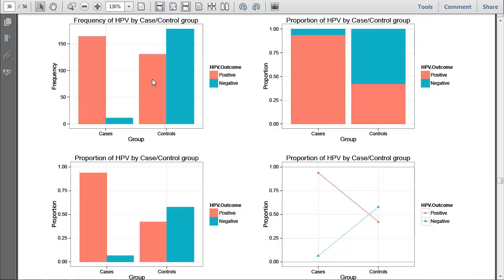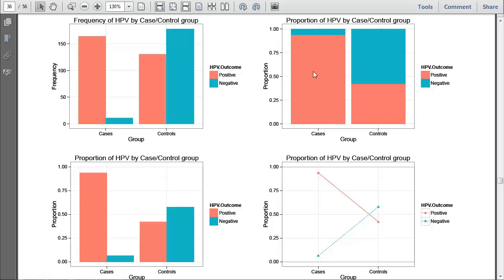The other 3 plots have to do with proportion. So if we scroll down to the bottom left, now we've got proportion on the vertical axis, and these red and blue bars for each cases and control should add up to 100% or 1. So you can imagine stacking this blue bit on top, and that would sum to 100%. In fact, that is what the top right plot does.